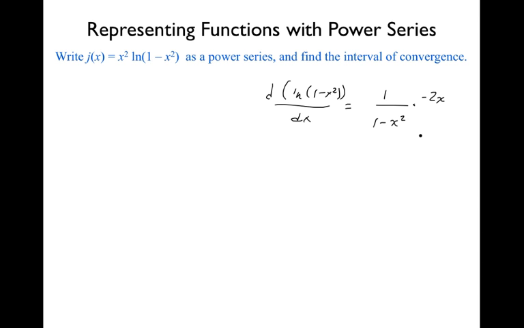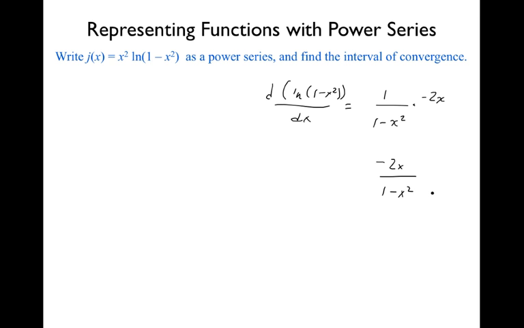So this now looks like something I can definitely do. Negative 2x over 1 minus x squared. I can handle that. A over 1 minus r, right?